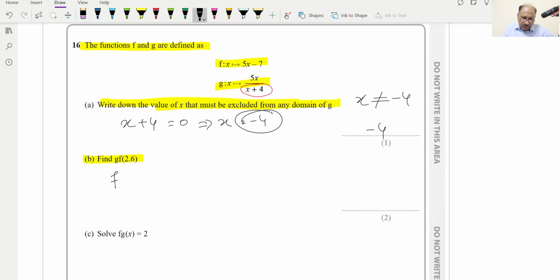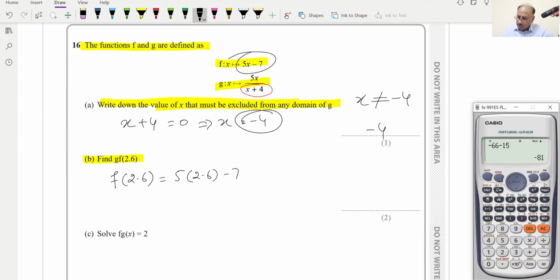So f of 2.6, basically we can write from here, 5 into 2.6 minus 7, and this will be equal to what? This will be 5 into 2.6 and -7, and this will give us 6.